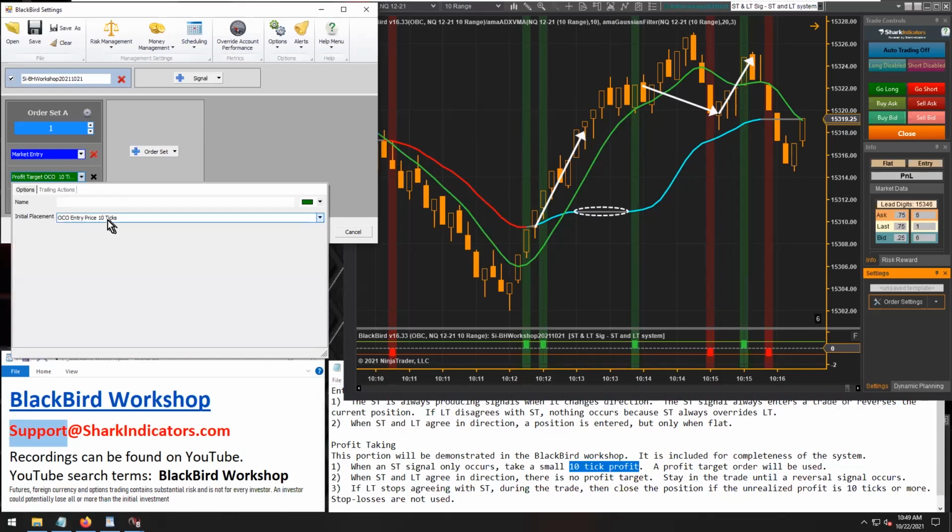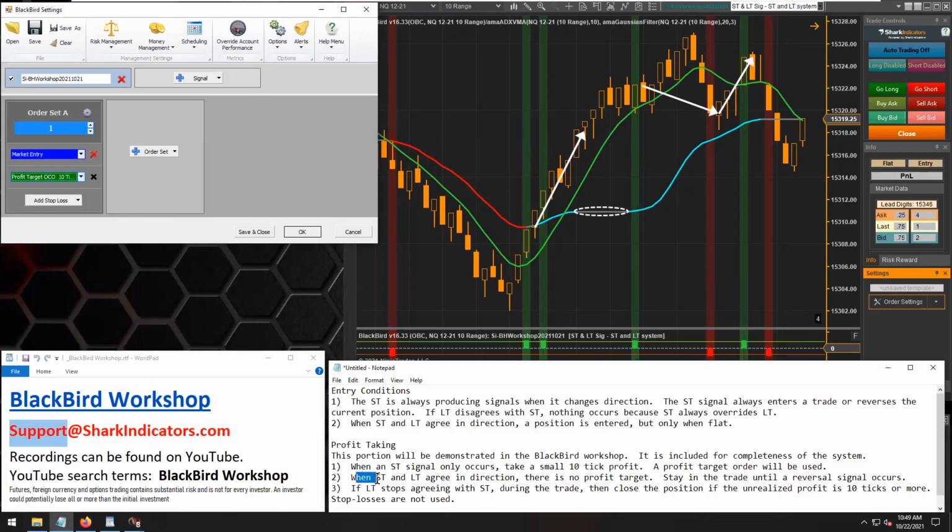So we have a 10-tick profit defined. And now we're going to go into the trailing actions. We can set up some trailing rules for when the short-term and long-term signal actually agree in the same direction.